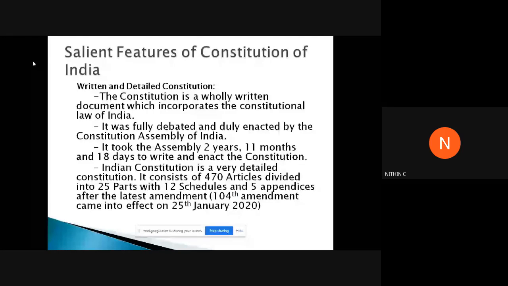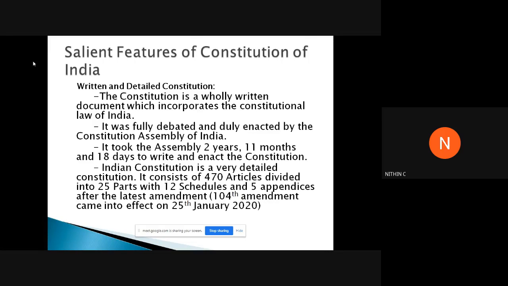When it was enacted, there were actually 395 articles. Now we have 470 articles. At the time of enactment we had 395 articles. You can note that also.